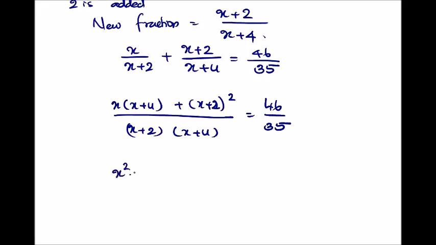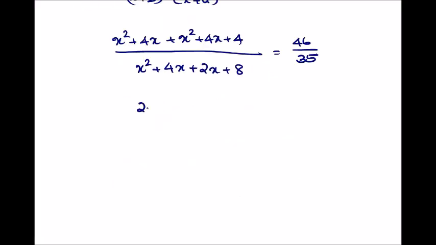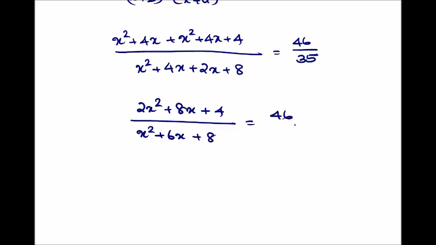That is x square plus 4x plus x square plus 4x plus 4, whole divided by x square plus 4x plus 2x plus 8, is equal to 46 by 35. That is 2x square plus 8x plus 4 divided by x square plus 6x plus 8 is equal to 46 divided by 35.